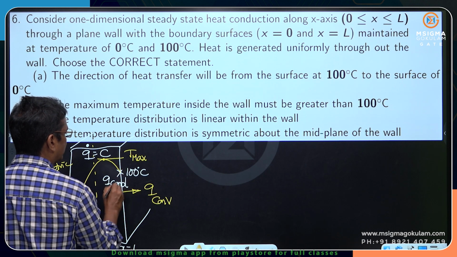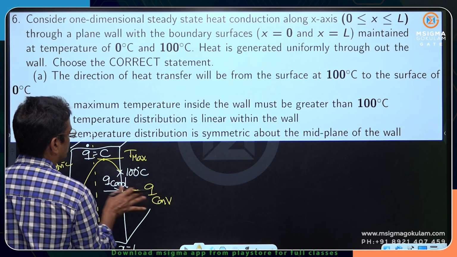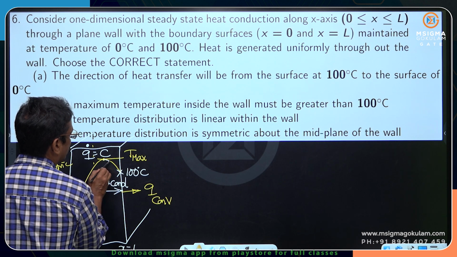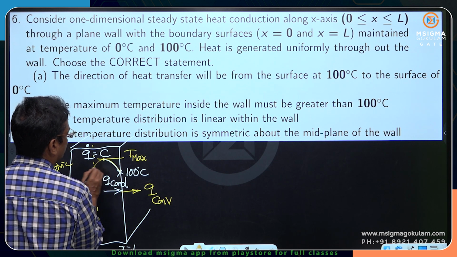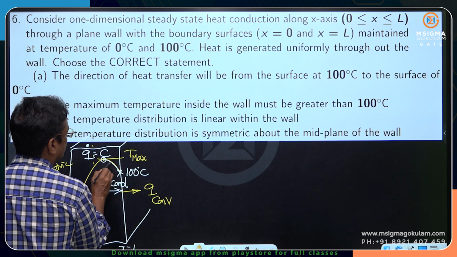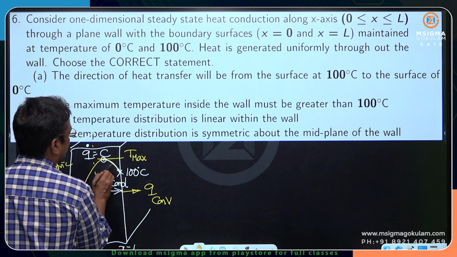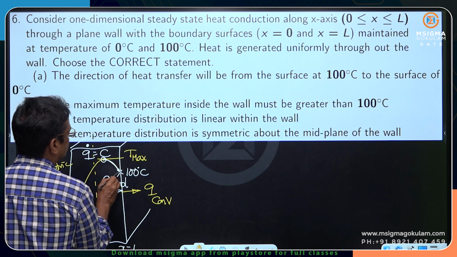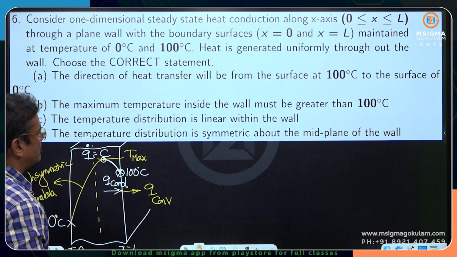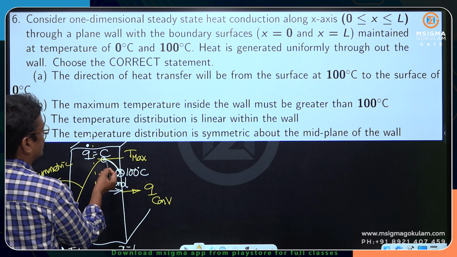So, the direction of the heat flow here is rightwards. Heat cannot flow from low temperature to high temperature. See here, this is the temperature profile. More maximum temperature here, lesser temperature, lesser, and this is the 100 degrees Celsius. The maximum temperature must be greater than 100 degrees Celsius, correct?